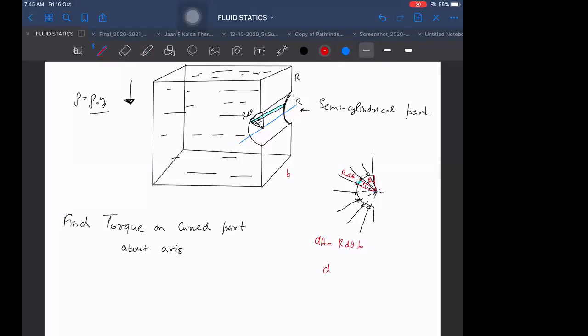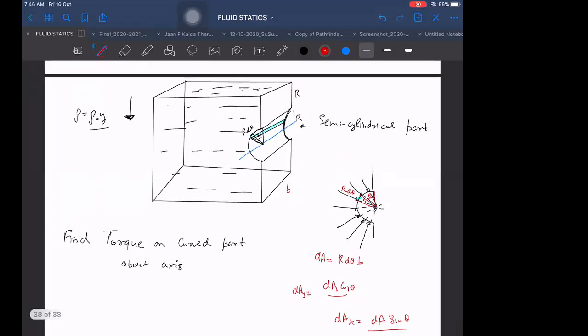But what I need is dA cos theta and dA sin theta. Why? Because vertical force will depend on the vertical component dA cos theta. dA cos theta will be the vertical component dAy, and dA sin theta will be the horizontal component dAx to find the horizontal force. Pressure: here it is 0, I'm assuming a reference to be 0, P naught taking 0.